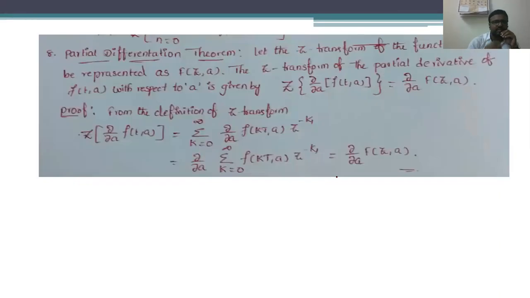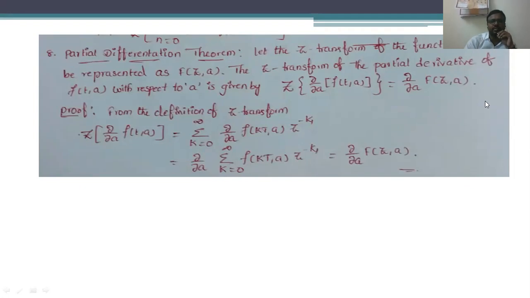And the next one is the partial differentiation theorem. It is nothing but a simple statement. Let the Z transform of a function f of t comma a be F of z comma a.